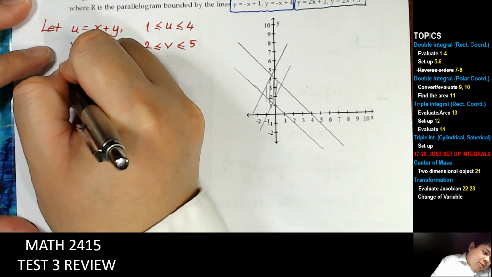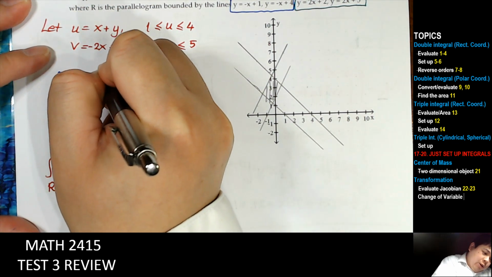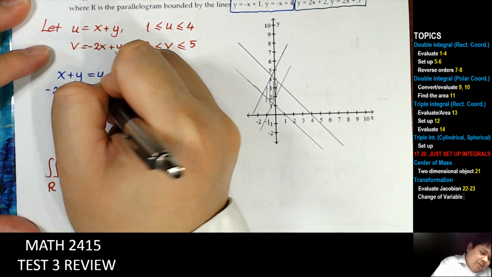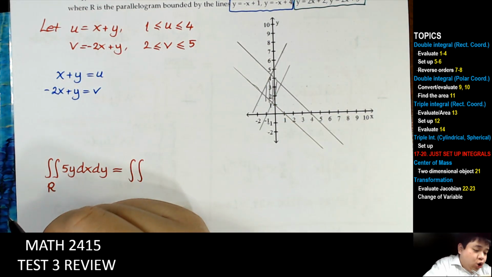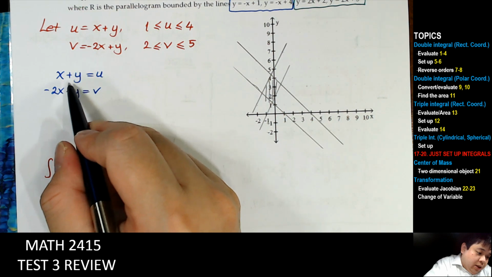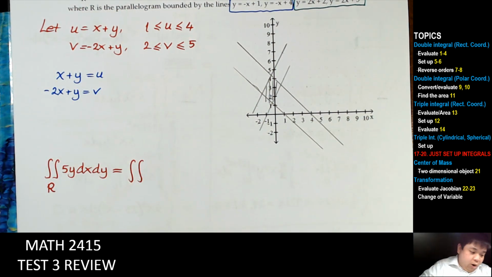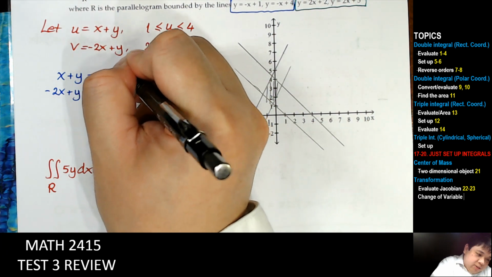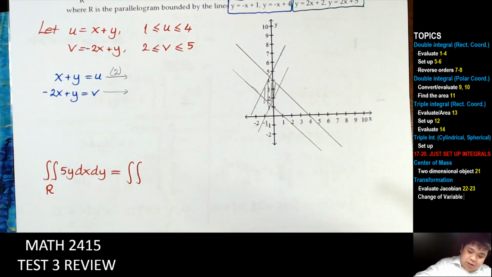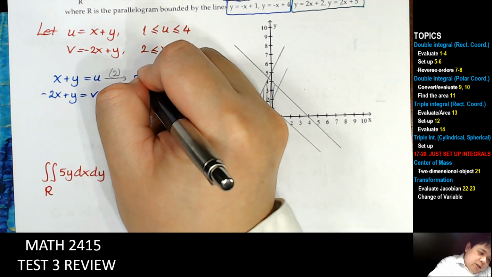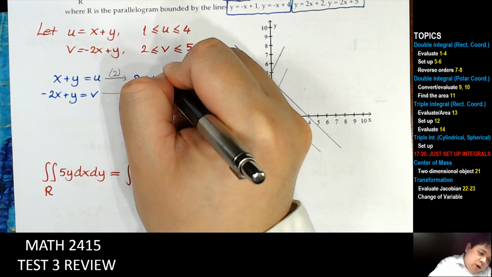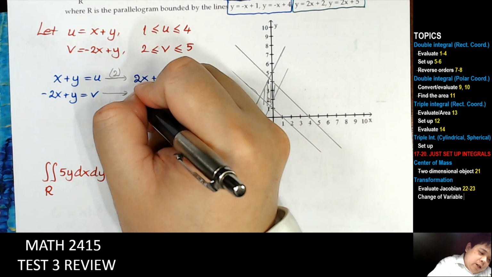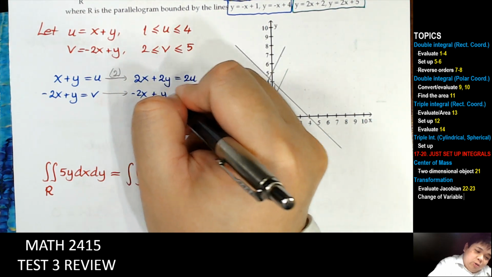x plus y is equal to u, and minus 2x plus y is equal to v. So first we need to eliminate x so we can solve for y. To do that, we multiply the top equation by 2: 2x plus 2y equal to 2u, and negative 2x plus y equal to v.